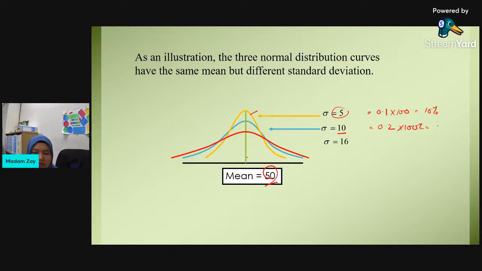Multiply by 100% is 20%. Okay, so kalau kita nak relatekan dia, compare yang first, the yellow one and the blue one, yang mana lagi yang paling kecil? So yang first ni paling kecil kan, sigma 5 kan, 10%. So kita boleh cakap apa? Dia consistent, dia concentrate dekat mean tu. Okay, so compare to the blue and the red shape.